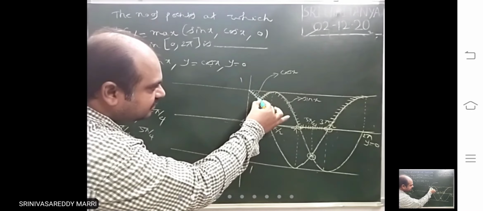I am writing, look at f of x. F of x is nothing but, from 0 to pi by 4, cos x. From pi by 4 to pi, the maximum is sin x.